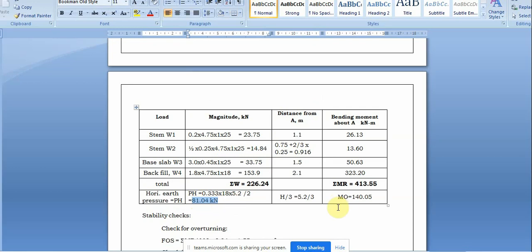We get a moment at the horizontal position as overturning moment of 140, that is the reversing moment.